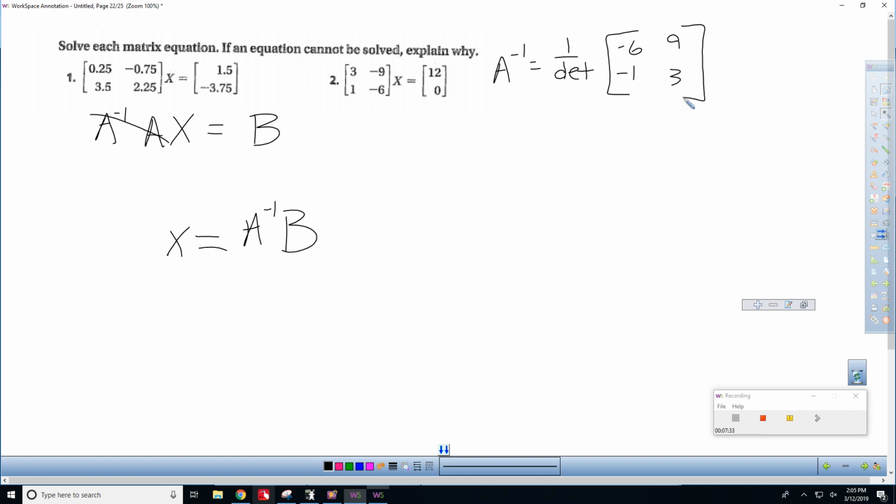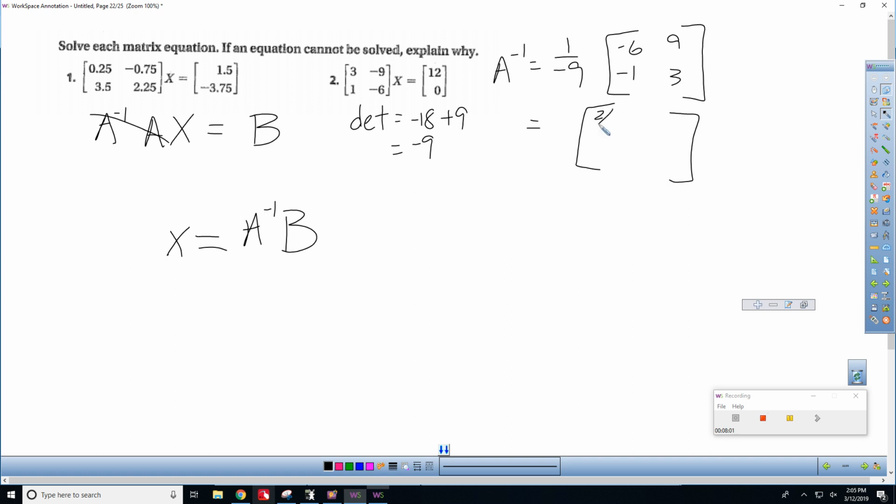The determinant is -18 minus a -9. So that's -9. So A inverse is that. So let's rewrite it as -6 over -9.